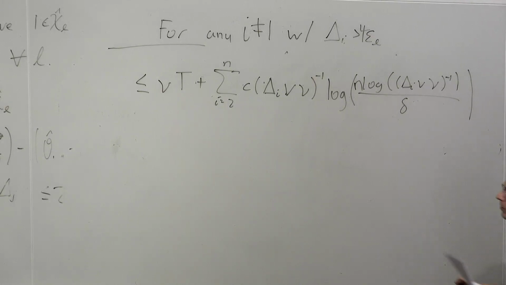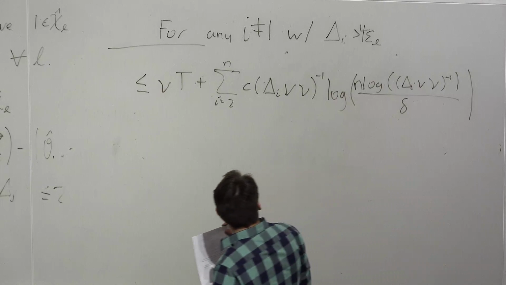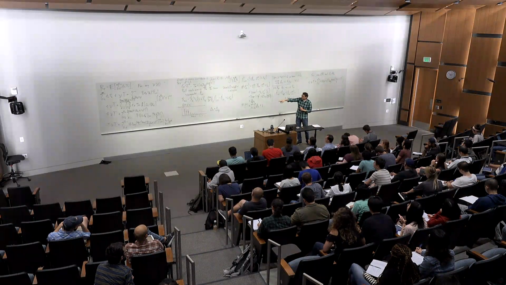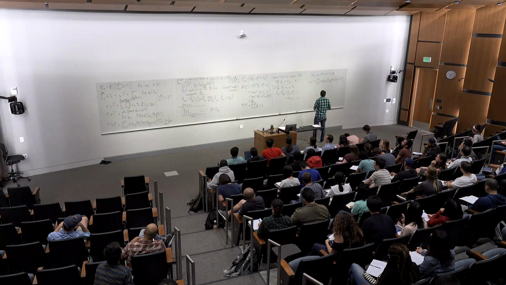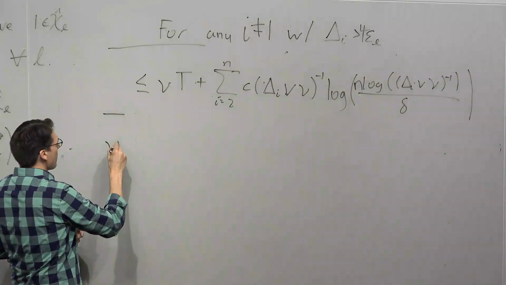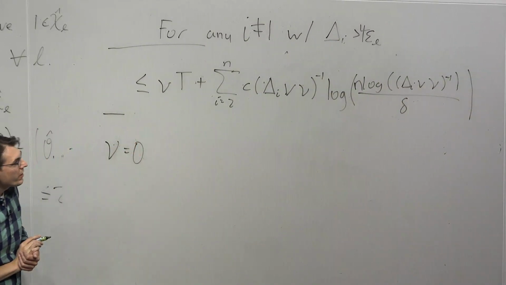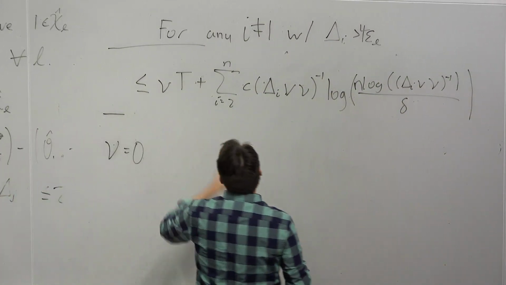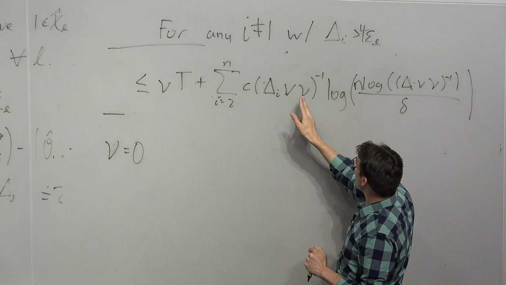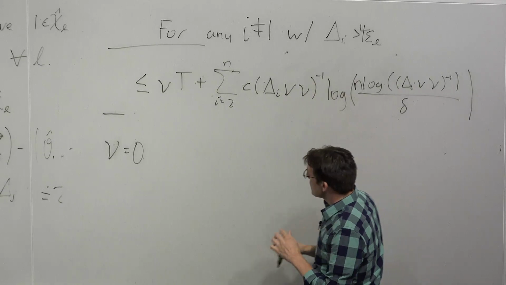Okay, we're almost done. So what we realize is that now I just copied that from over here to here with the constant c. And now when nu is equal to 0, this term is going to be 0, obviously. The max of delta i and nu is going to be delta i.